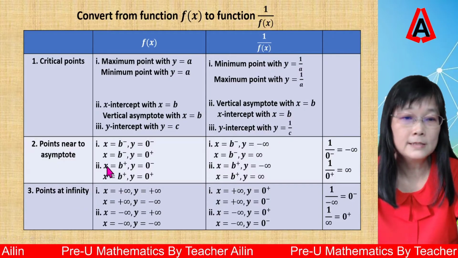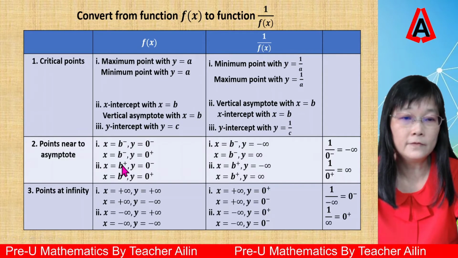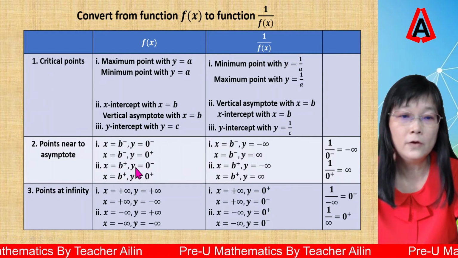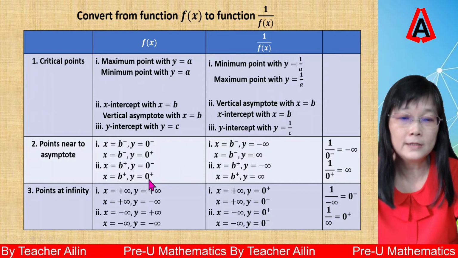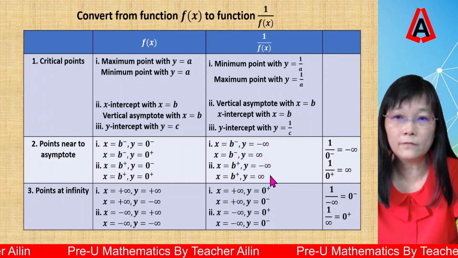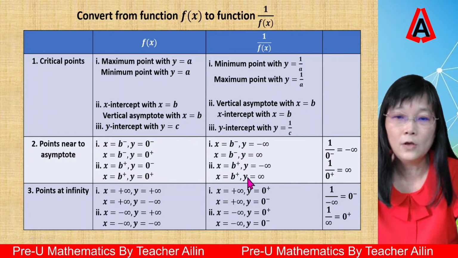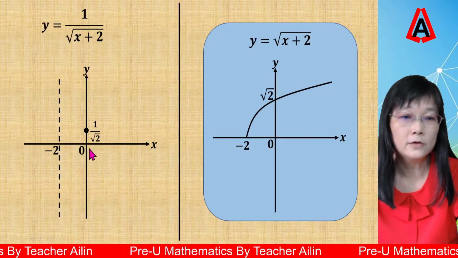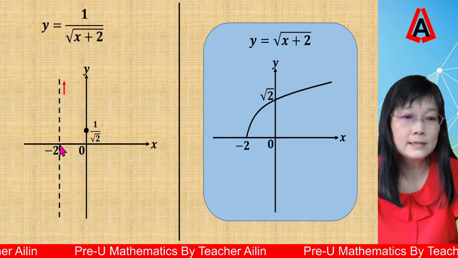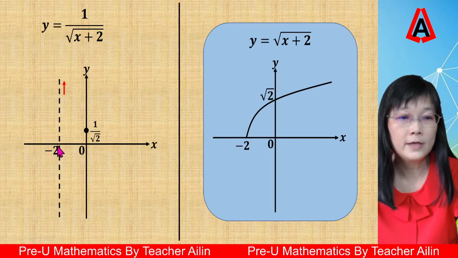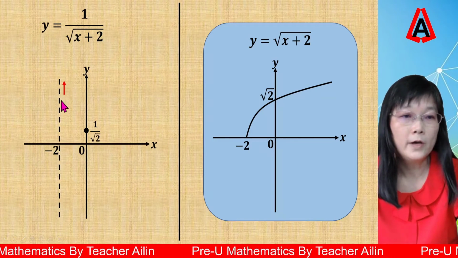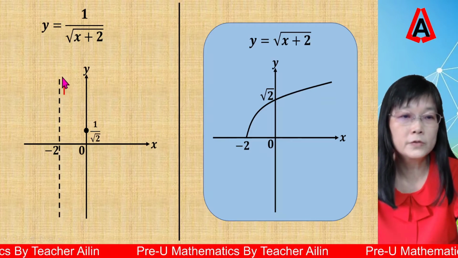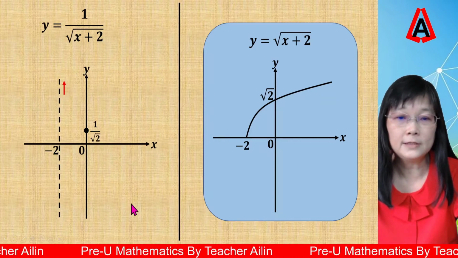So when x is slightly greater than the vertical asymptote value, y is slightly greater than 0. When we convert it to the reciprocal function, y becomes positive infinity.